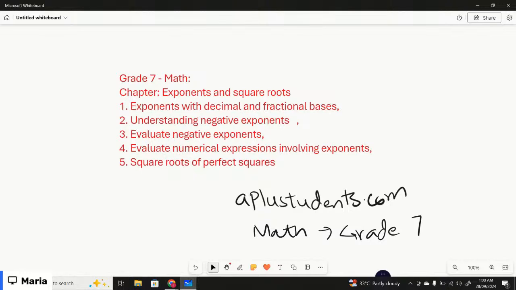We're going to start with the chapter exponents and square roots. The lessons we're going to cover today are exponents with decimals and fractional bases, understanding negative exponents, evaluate negative exponents, evaluate numerical expressions involving exponents, and square roots of perfect squares.